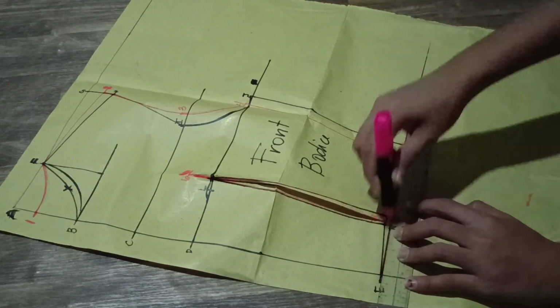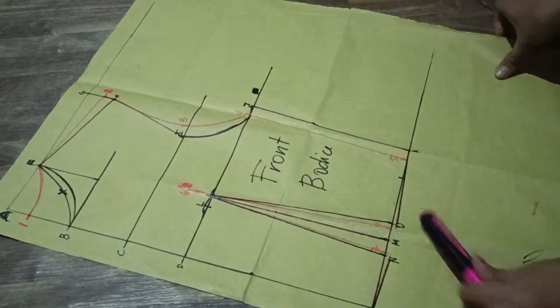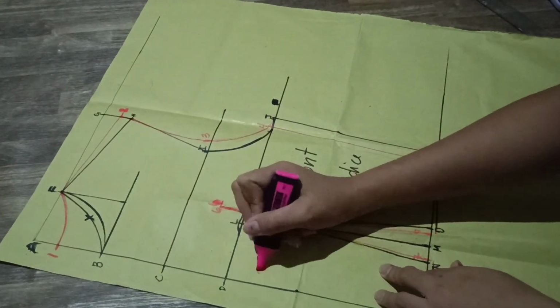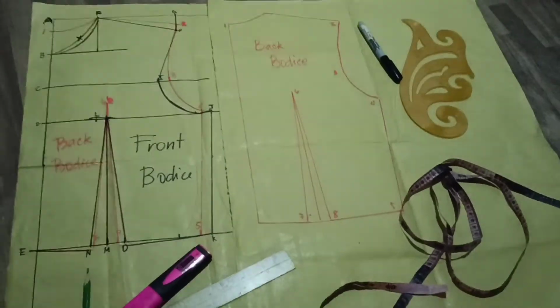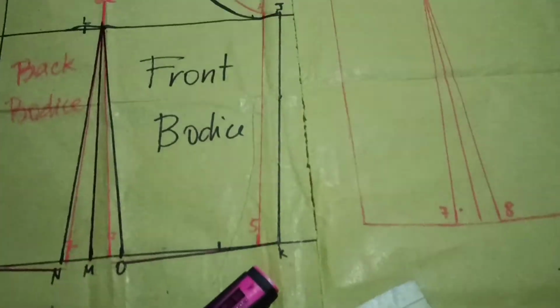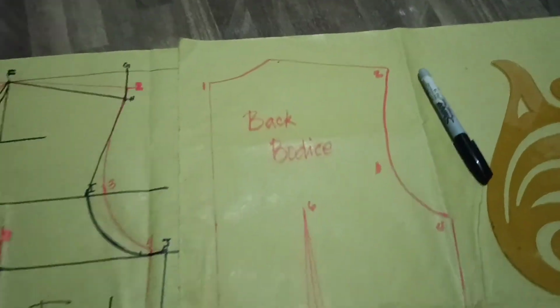And we are now done with our back bodies. We can now transfer the back bodies to another paper. So in here, I already transferred my back bodies to another paper.